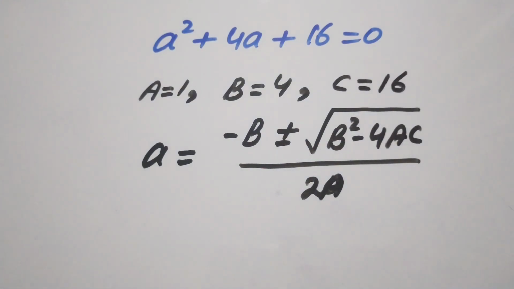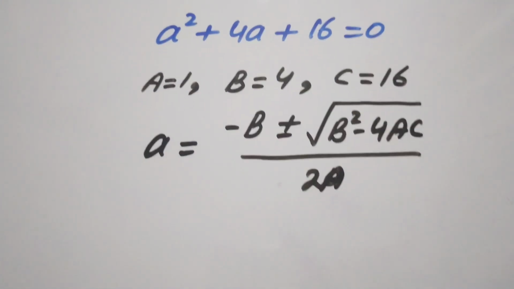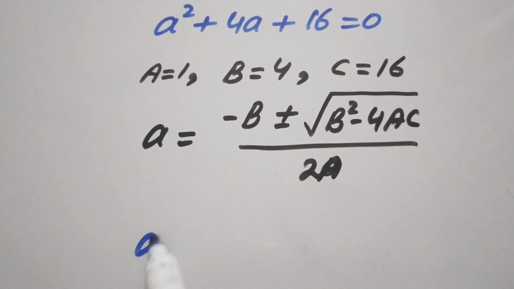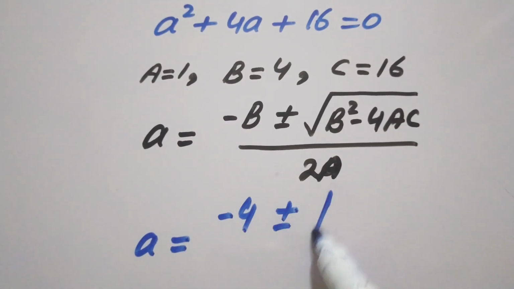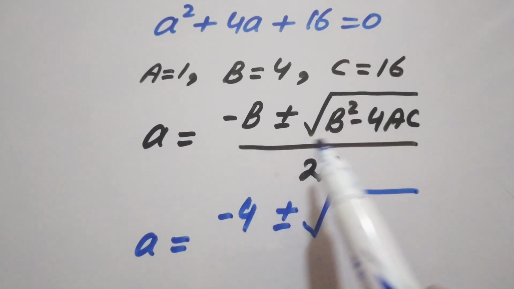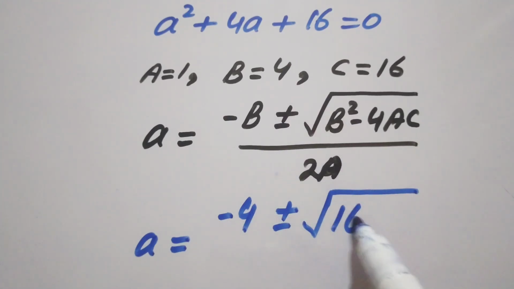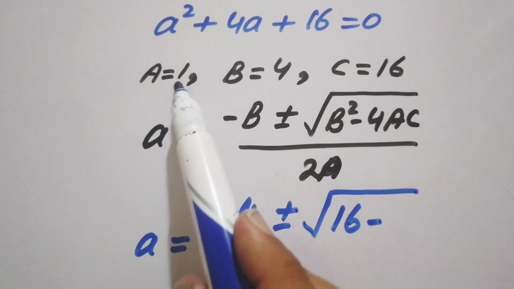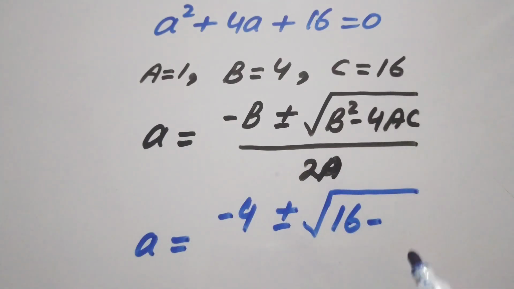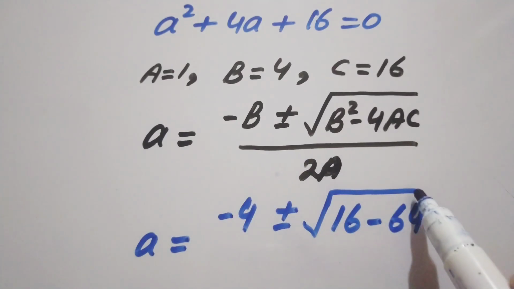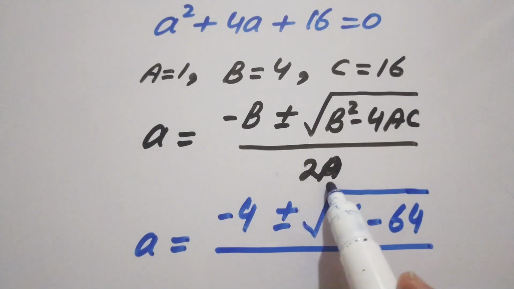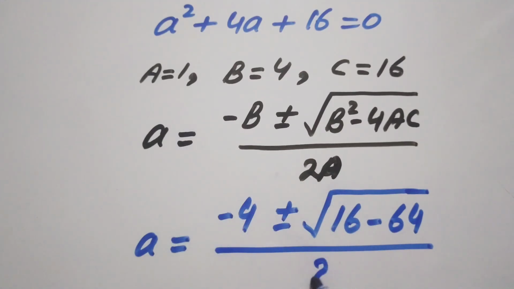Using these values in this quadratic formula, a is equal to minus b, which is 4, plus minus square root of b squared, 4 squared gives us 16, minus 4 multiplied by 1 multiplied by 16, we get 64, divided by 2 multiplied by a, which is 1, so we get 2.